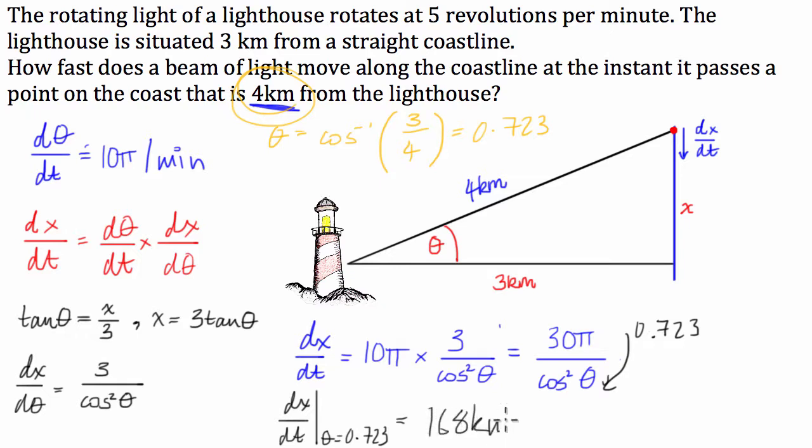168 kilometers per minute. Now it's always important to leave the solution in the units that we were given in the question. So distance, we were given kilometers, and time, we were given minutes. So it's important that we leave our solution in kilometers per minute rather than meters per second or kilometers per hour, like things that we'd be used to seeing.